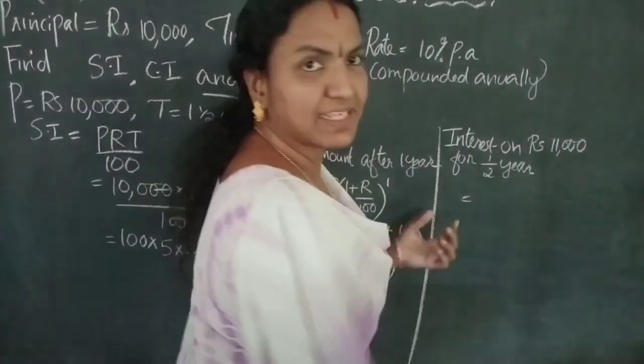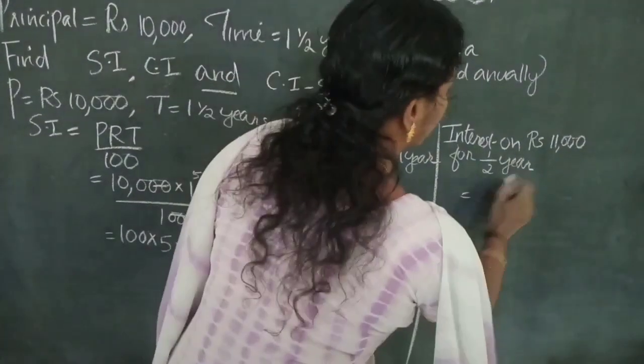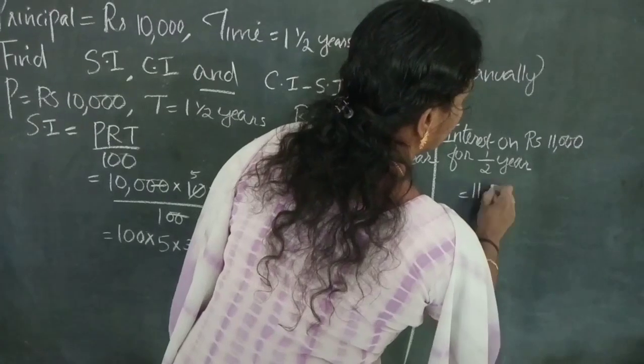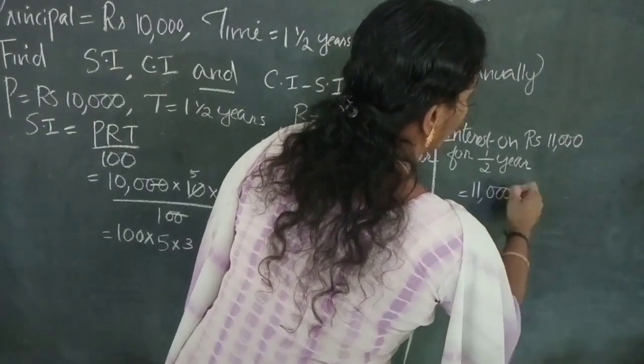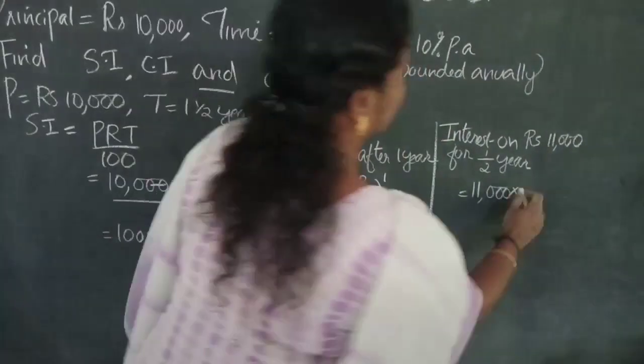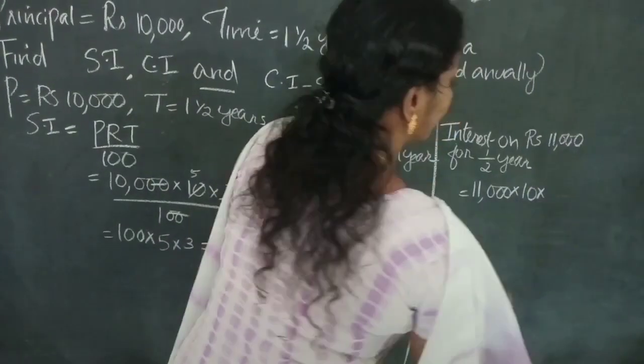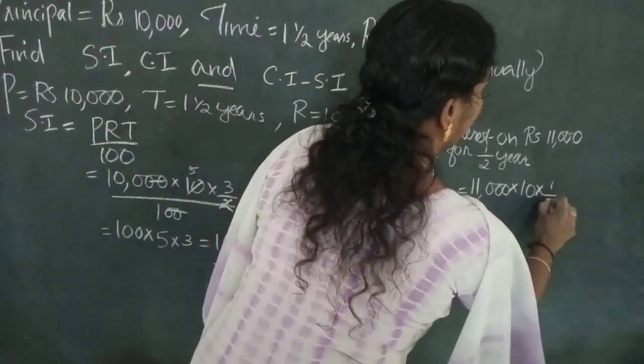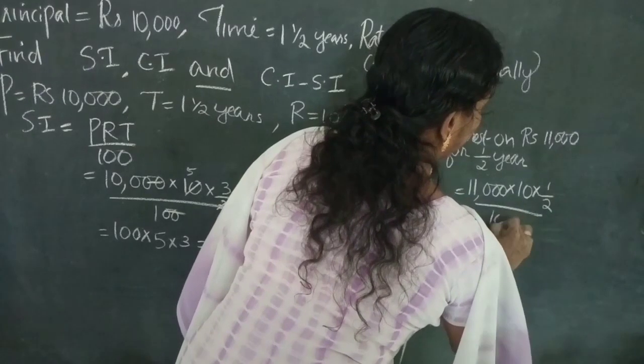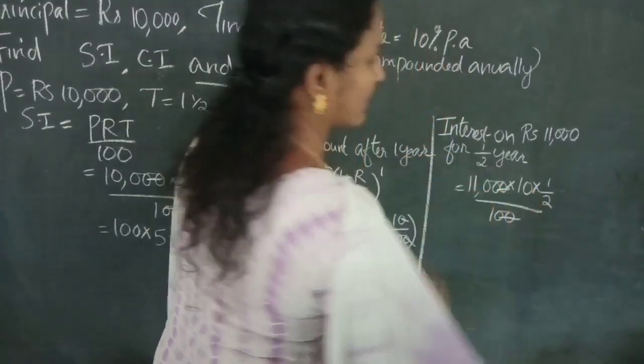So the formula is PRT by 100. So the principal is 11,000 into R 10%, 10 into here the time is 1/2, divided by 100. 2 0 cancel.